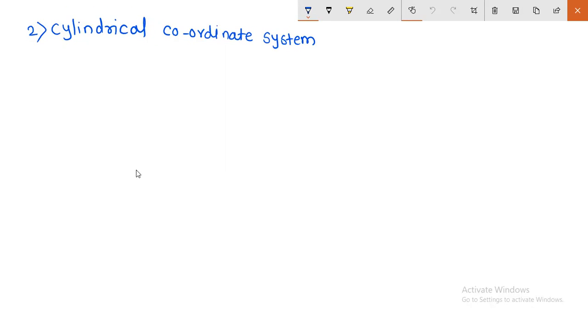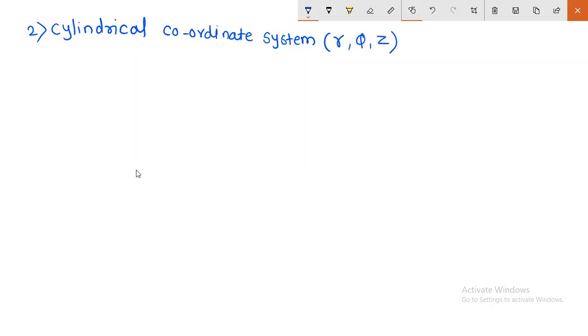But here in cylindrical coordinate system there are not only lengths, we are considering angle also. Okay, so in cylindrical coordinate system there are three coordinates, that is r, phi and z.